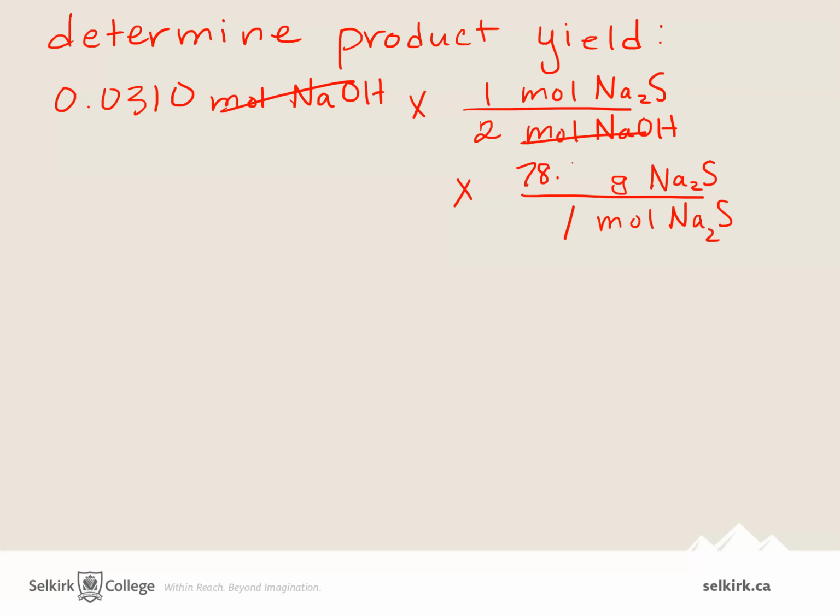That's 78.05 grams. So here we go on my calculator. 0.0310 divided by 2 times 78.05 is 1.21 grams of sodium sulfide to the number of significant figures I'm allowed.